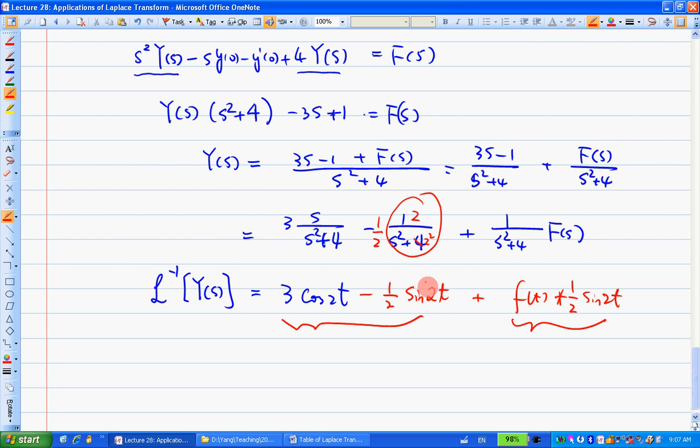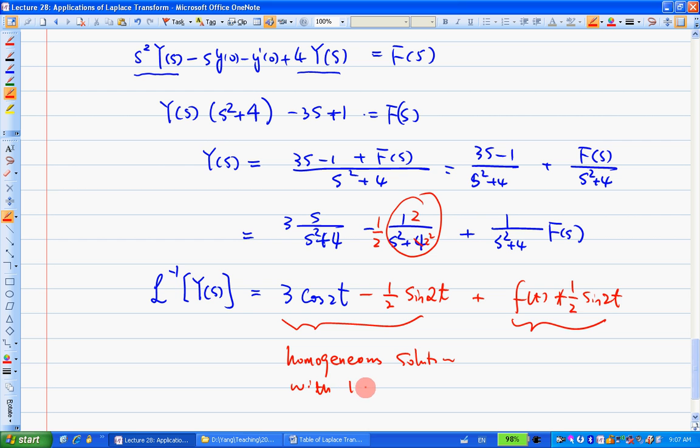The first portion in here is the homogeneous solution. This is the homogeneous part of the solution, a homogeneous solution with the given initial conditions.